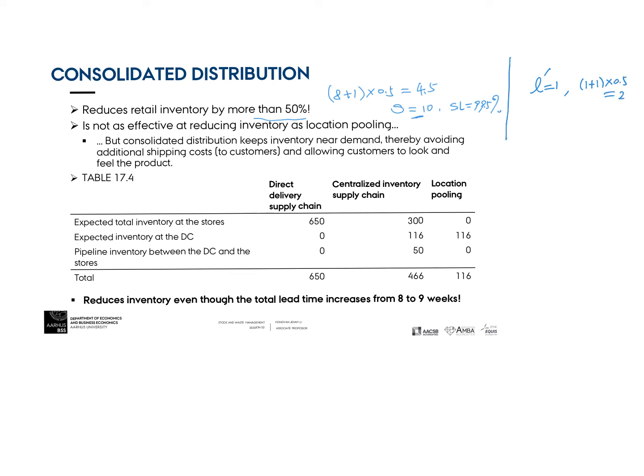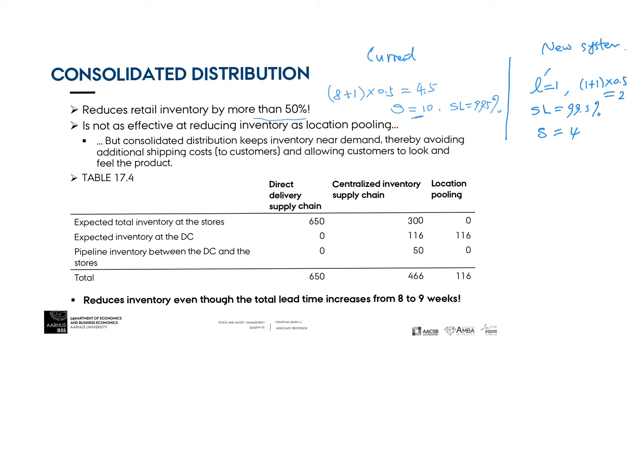That was the current system; this is the new or proposed system. If we still consider a service level of 99.5%, then you can find S is about 4 units.